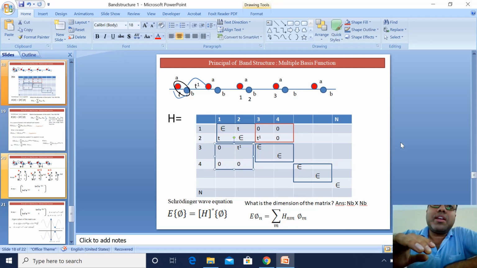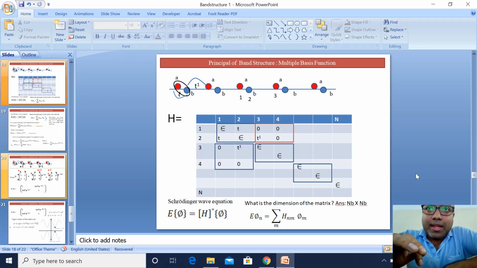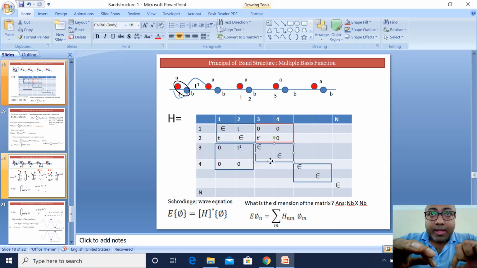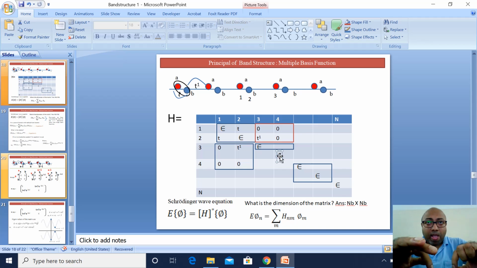One important part that I would like to mention: some mistake is there. 3, 3, this one, sorry. Just check carefully, 4 4 should be epsilon.